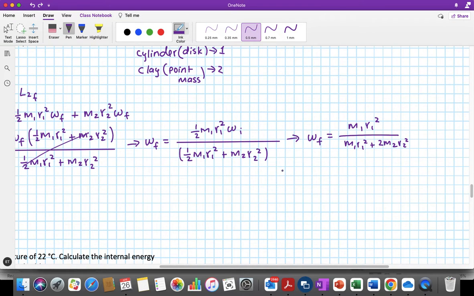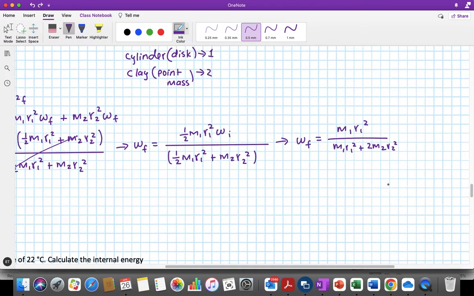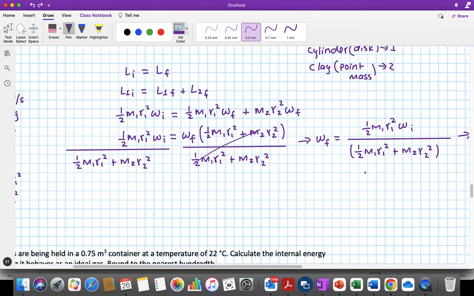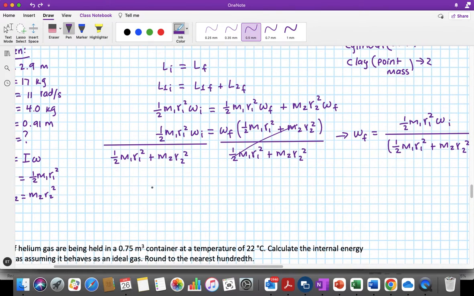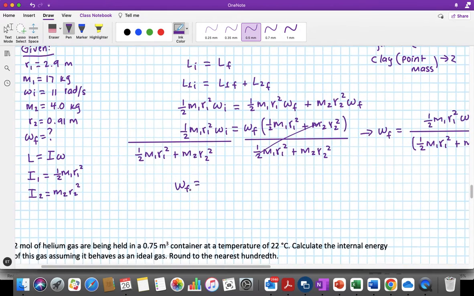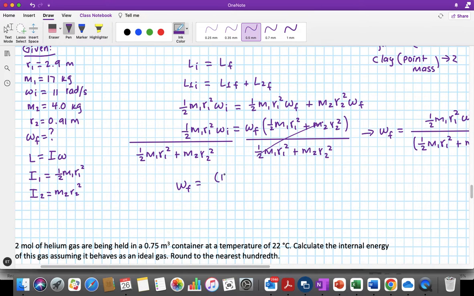You just substitute your numbers and, well, let's do that. Why not? So, final omega would be m1, 17 kilograms, times r1 squared, 2.9 meters squared, times omega initial, 11 radians per second.